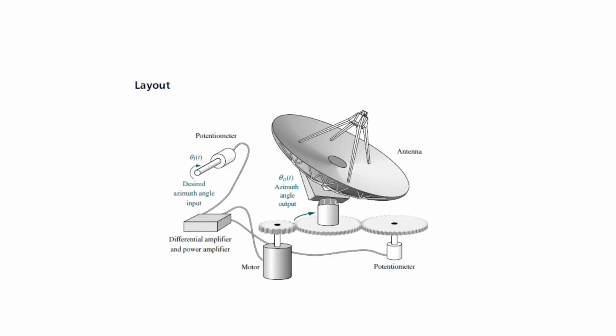Now in the first chapter we discussed the antenna control system, and we drew the block diagram of that antenna control system that we have to control. In that case we created a block diagram showing how it works in all aspects.